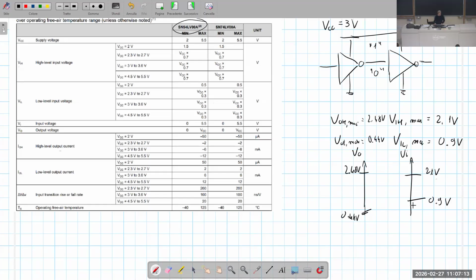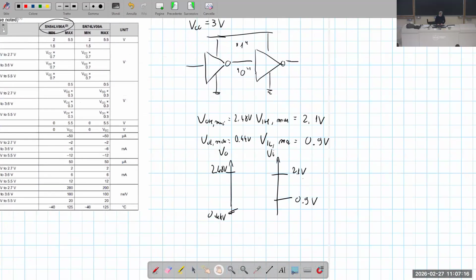Which are the noise margins at the 1 and at the 0 level? What is NM1 and what is NM0? At the high level, we have 2.48 minus 2.1, that is 380 millivolt.